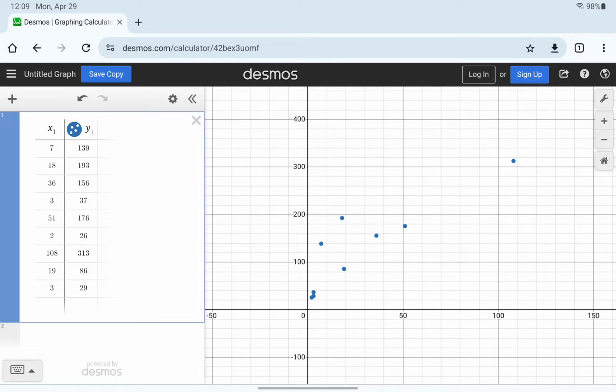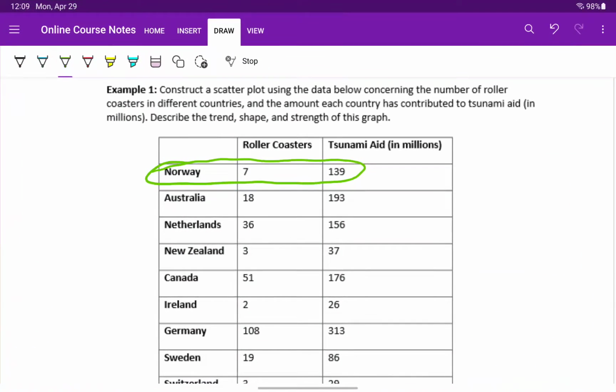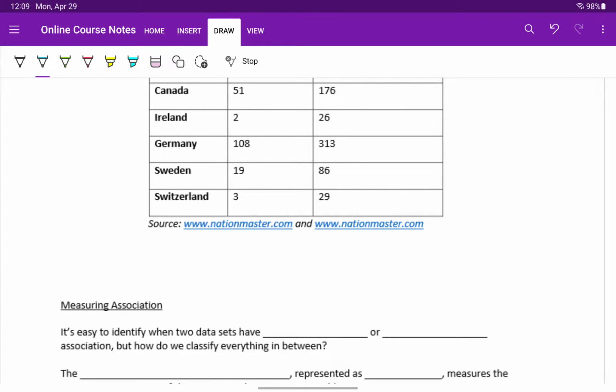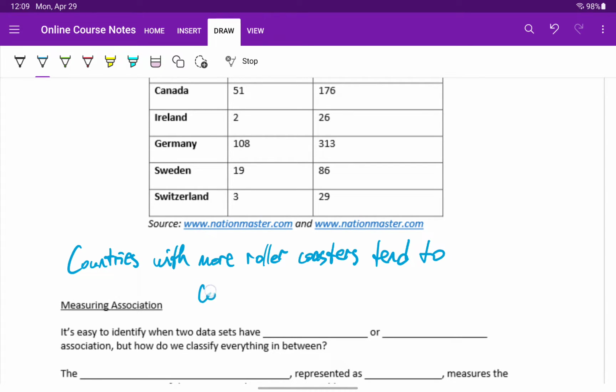So seeing that increasing positive linear trend would tell us that countries with more roller coasters tend to contribute more to tsunami aid.